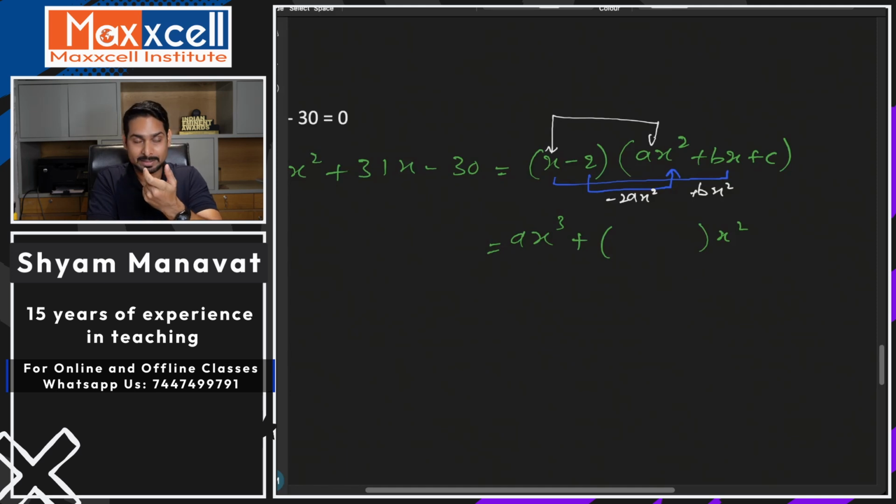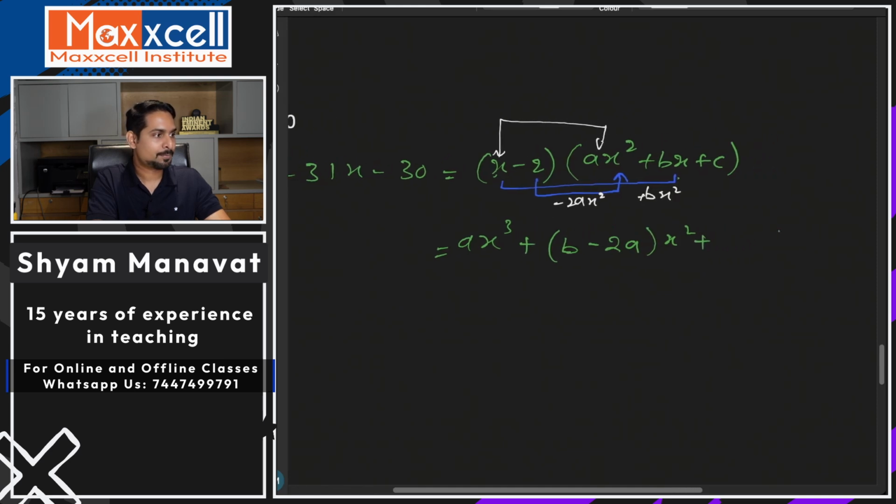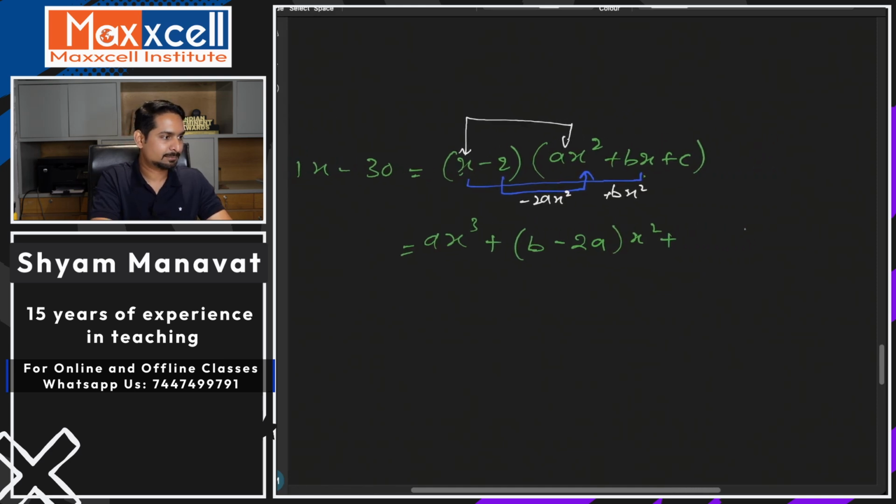I am looking for the square term. So the square term I can get by multiplying x with the x term and the constant term with the square term. So here I have b, taking x square common, and here I have minus 2a. Now the next one is the single power, that means the x term.